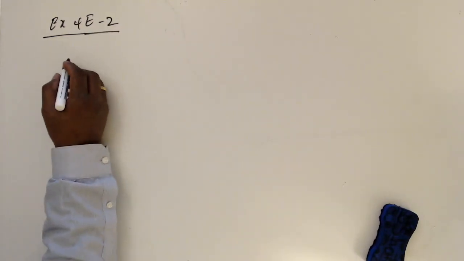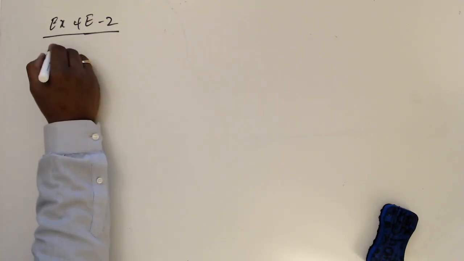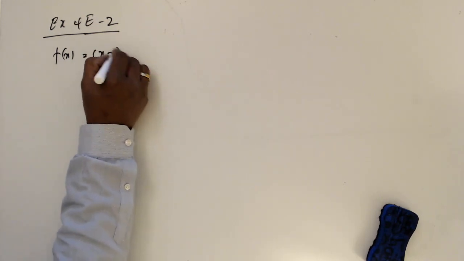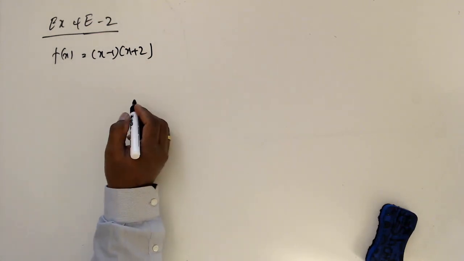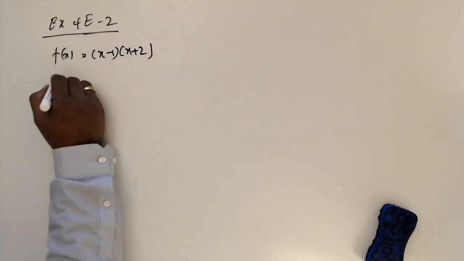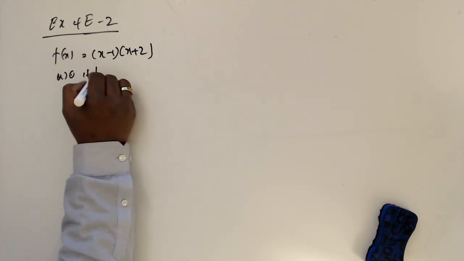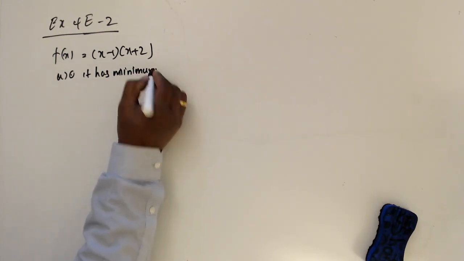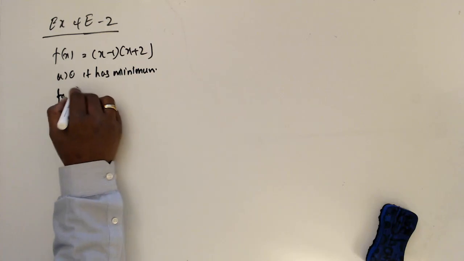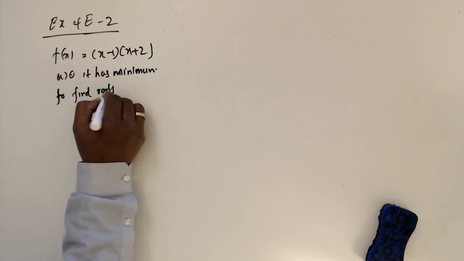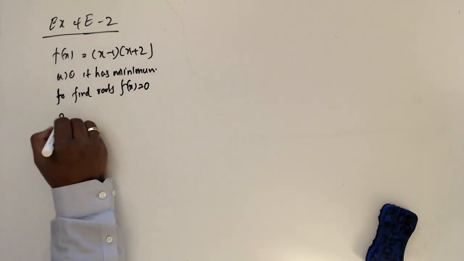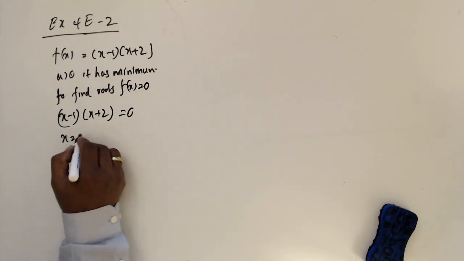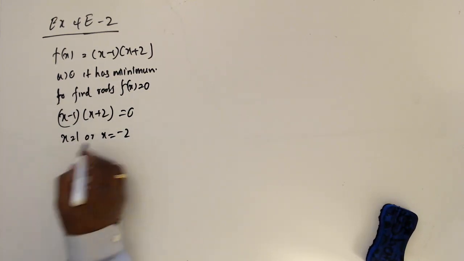For question number 2, f(x) equals (x minus 1)(x plus 2), we have to sketch this one. This is a quadratic equation, a greater than 0. It has a minimum. To find roots, f(x) equals 0, so (x minus 1)(x plus 2) equals 0, x equals 1 or x equals minus 2.